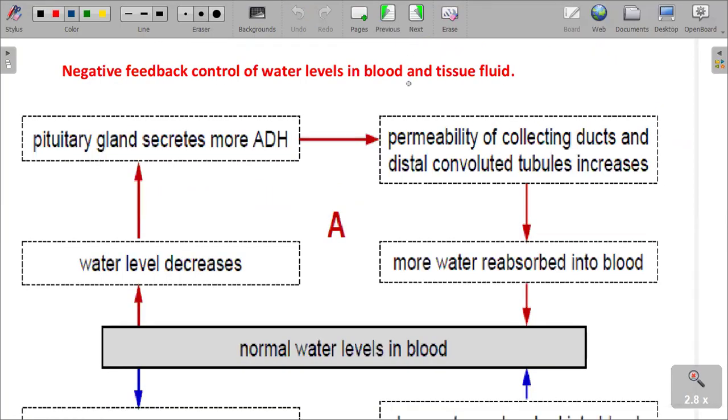So negative feedback control of water levels in the blood and the tissue fluid. I'm also saying there is now on the board a flow diagram that I also attached in terms of the water levels decreasing when we are talking about dehydration.